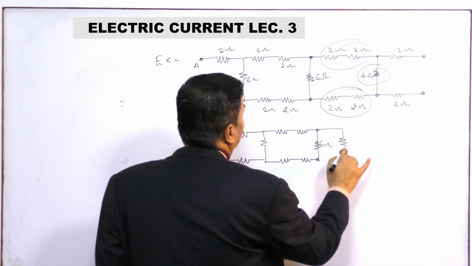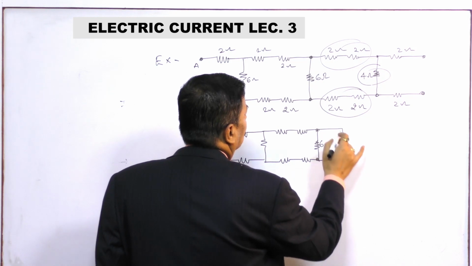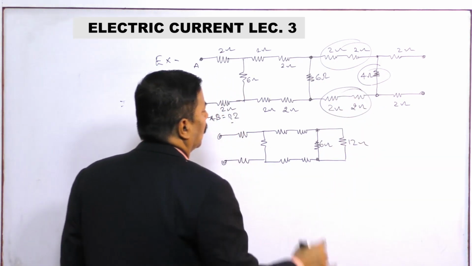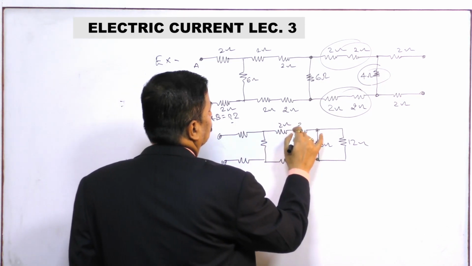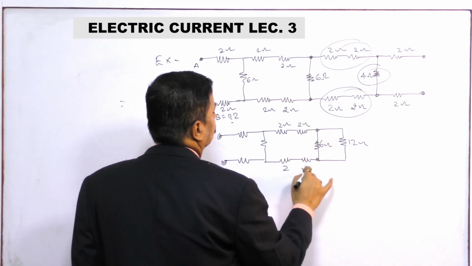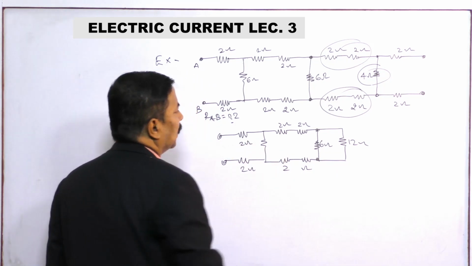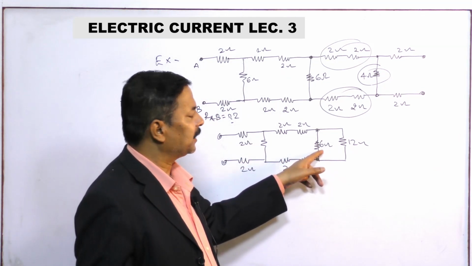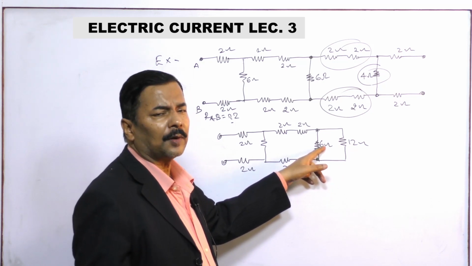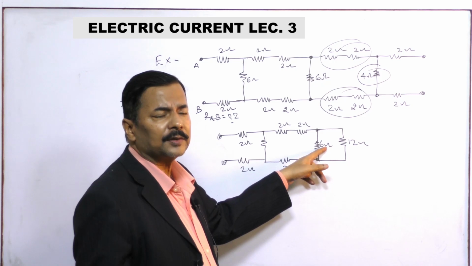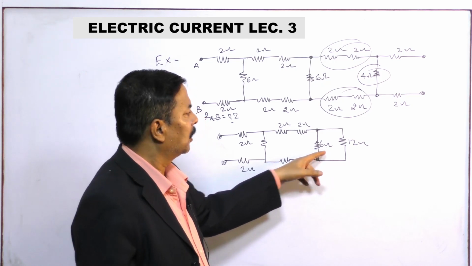We can write it in this way. Now here see, 12 and 6 are in parallel. So what will be the result? 12 into 6 by 12 plus 6, that is 4.